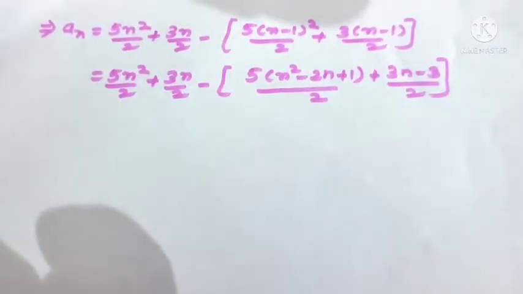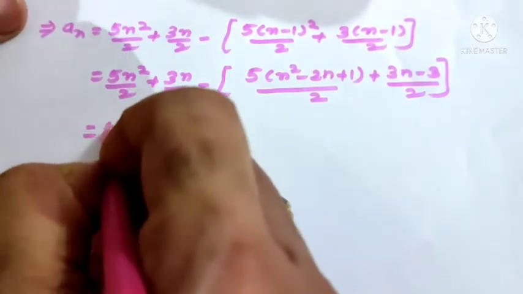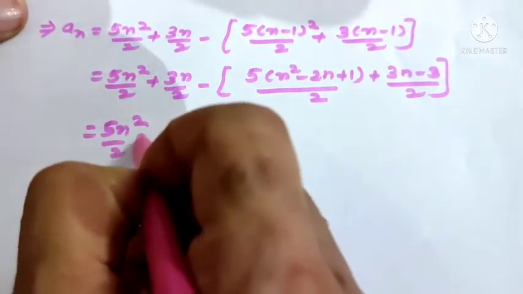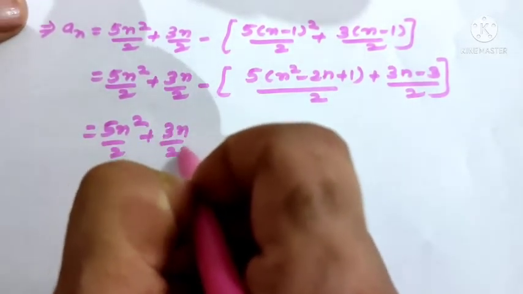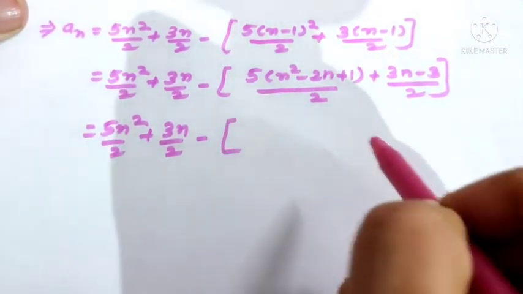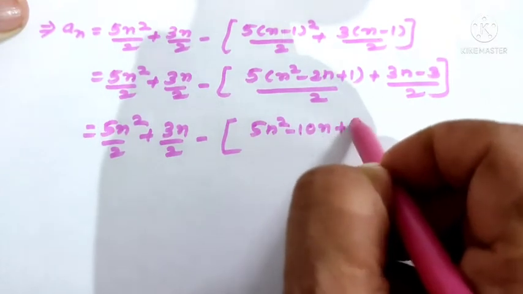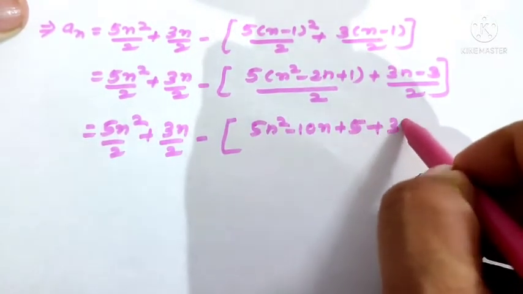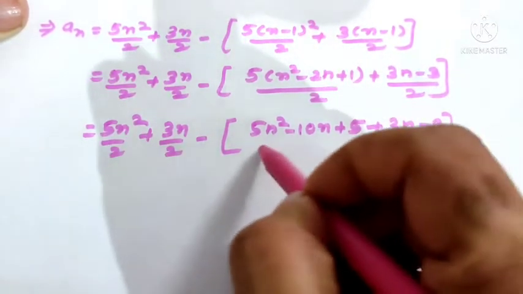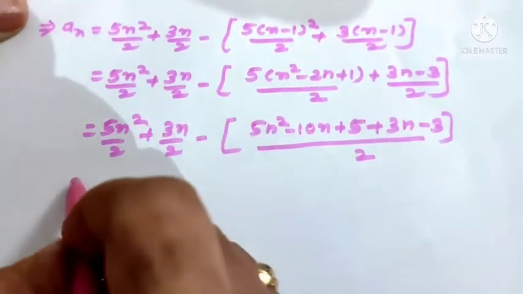So now let us expand the bracket. 5n square by 2 plus 3n by 2 as it is, minus bracket 5n square minus 10n plus 5, then plus 3n minus 3, whole divided by 2.